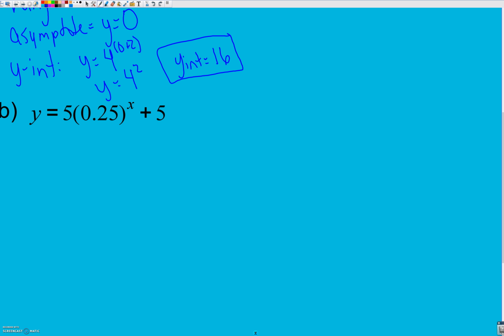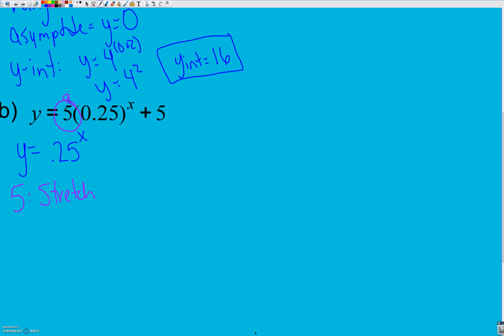Okay, our transformations, we start off with y equals b to the x power. Two things are happening to b right now. We have this 5. Since we're multiplying, it's our stretch factor. We're going to multiply our y since we're multiplying there.